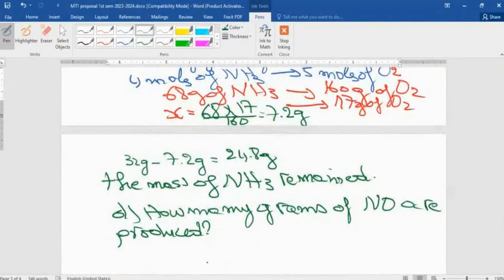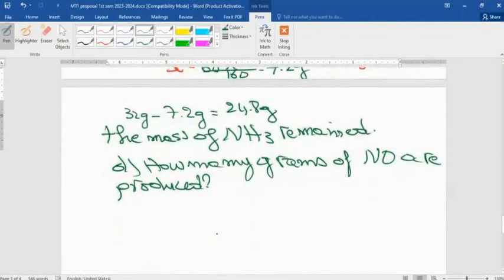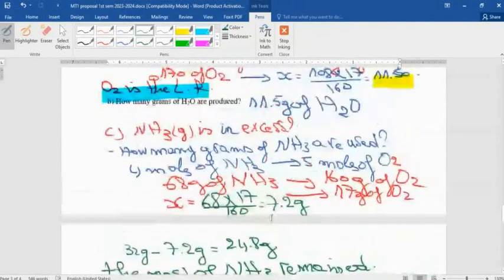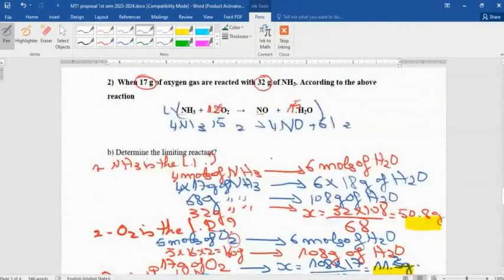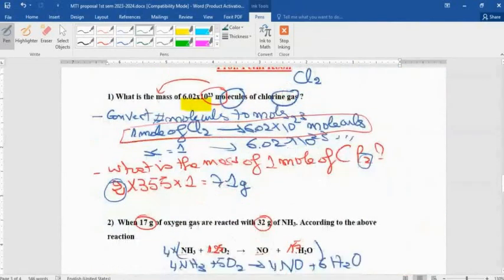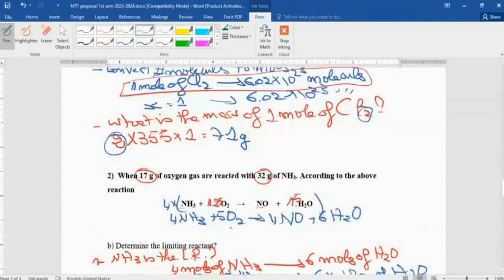So the normal student, what will he say? Since the oxygen gas is the limiting reactant, I will use my chemical equation. 5 moles of oxygen gas produces 4 moles of nitrogen monoxide. This is from my chemical equation, and I will do the calculation.